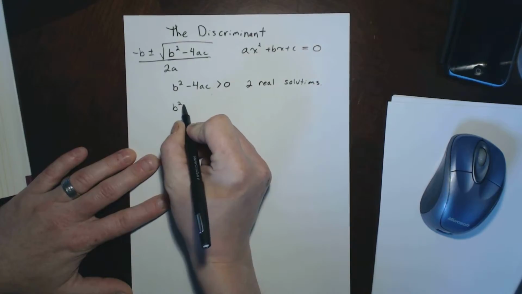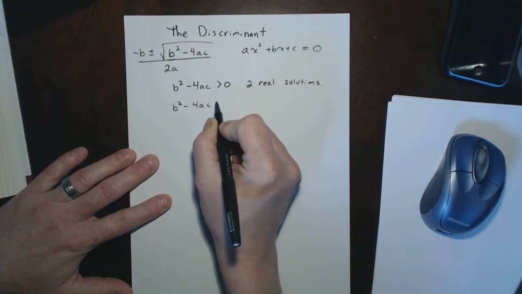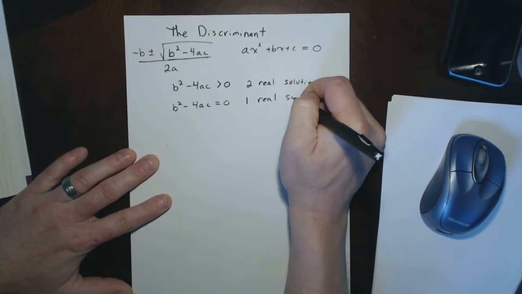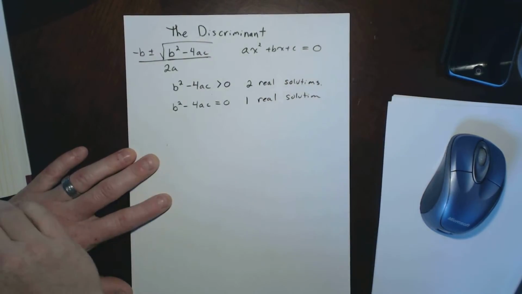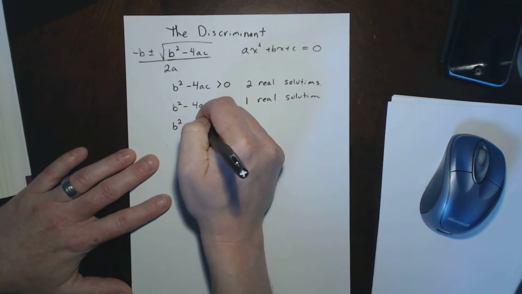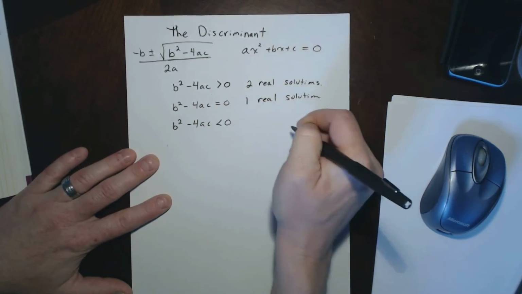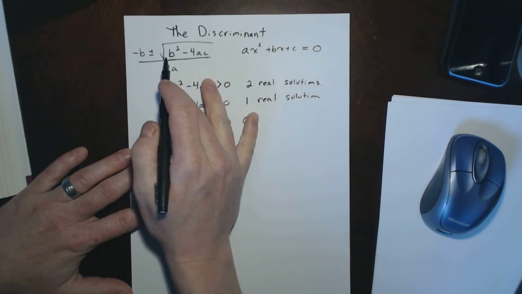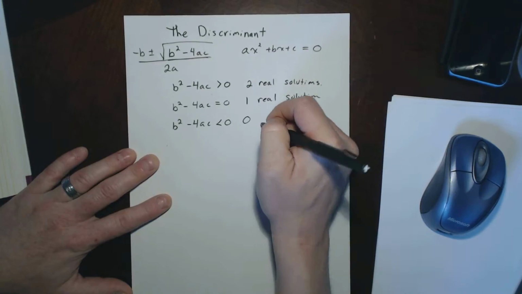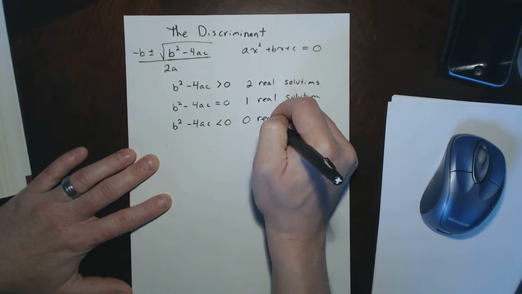If your discriminant is equal to 0, that means you have one real number solution to your quadratic equation. If, however, your discriminant is less than 0, that means that you're trying to take the square root of a negative number, which is not cool for real numbers. So that means you have no real number solutions.